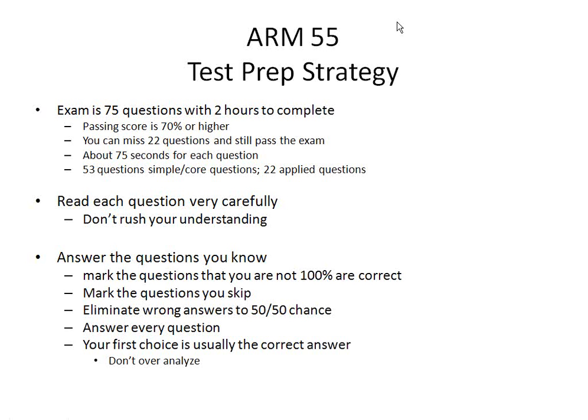I really recommend, as you go through, if you know 100% you got that one, don't mark it. If it's one you've answered and you're kind of sure, but you want to review later, mark that one and go through. Again, eliminate wrong answers, 50-50 chance. You want to answer every single question.